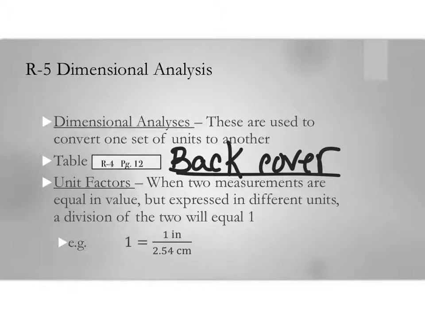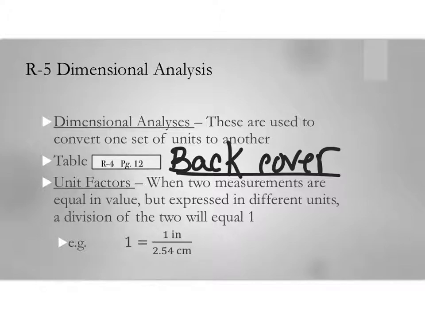So if I was to divide up 2.54 centimeters in how many inches it takes to go into that, you would say 1. Or if I was to take 1 inch and divide it by the amount of centimeters that it takes to make that inch, it would be 2.54 centimeters.